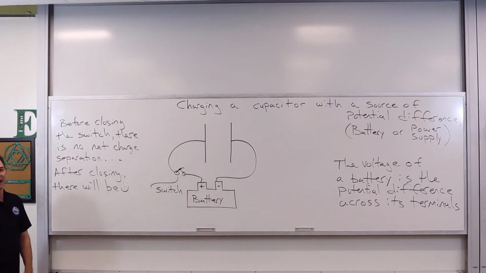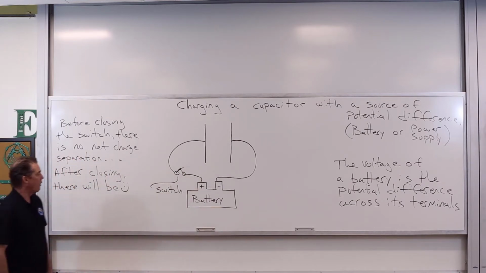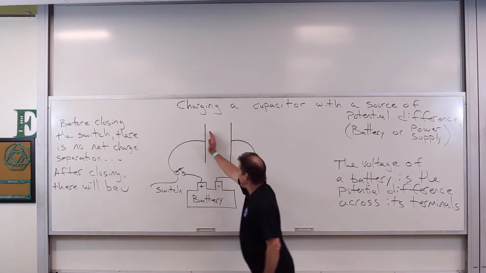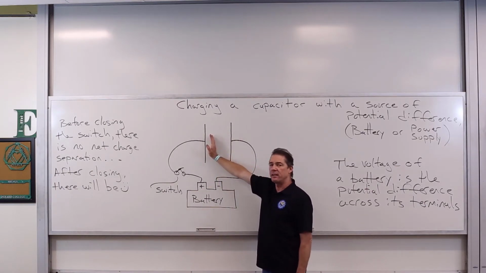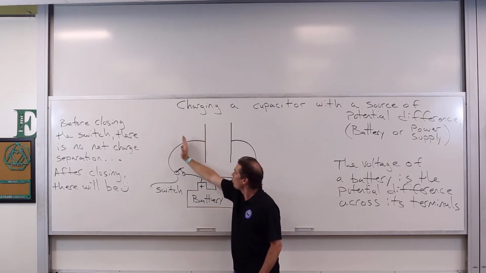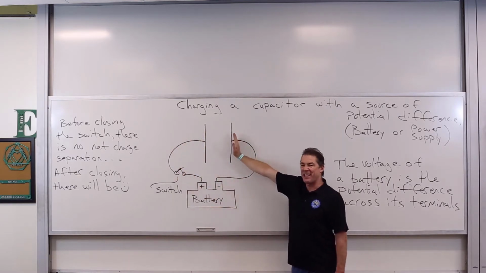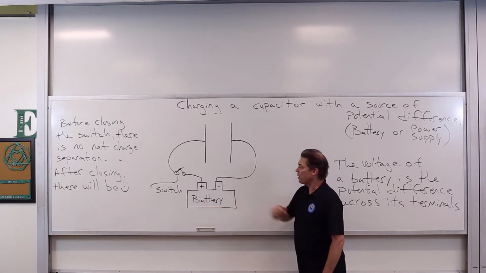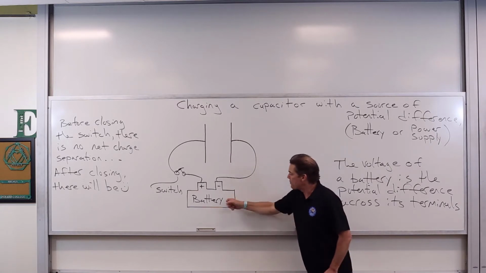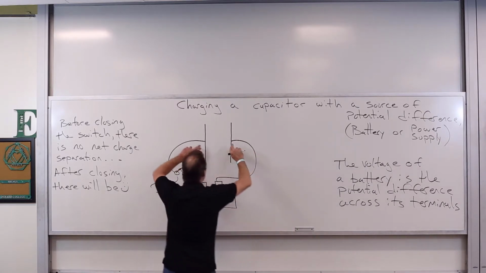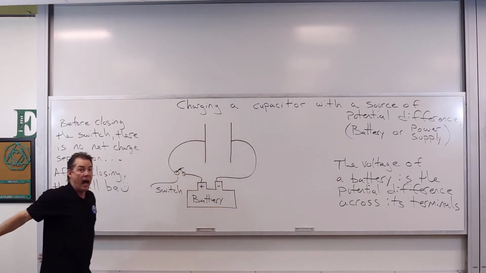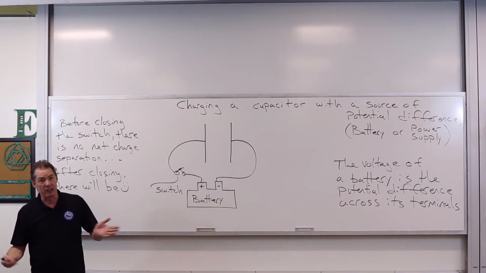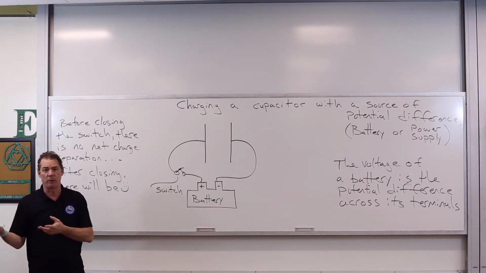Complete the conductive pathway, and what happens now is that the electrons on this plate are going to sweep over to this side. You say, well, why? That's what the source of potential difference does. This battery sets up an electric field in these conductive pathways that are connected to these conductive plates. And what happens in conductive materials? Electrons can move around, right?